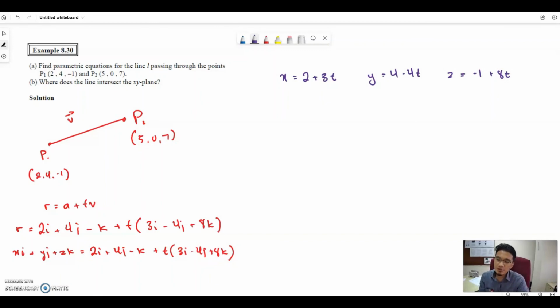Then for question B, the question asks where does the line intersect the XY plane? Right here I draw the XYZ axes.